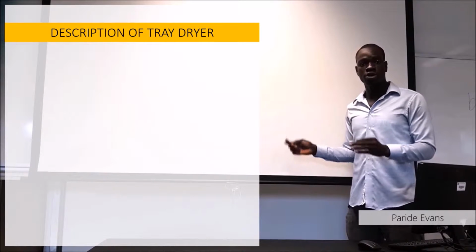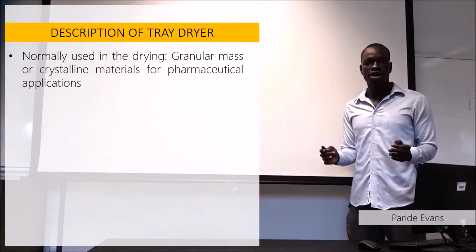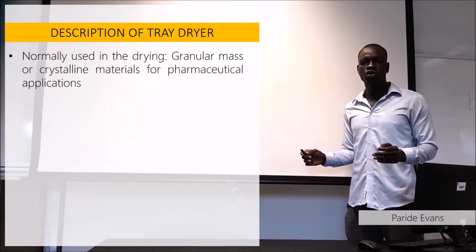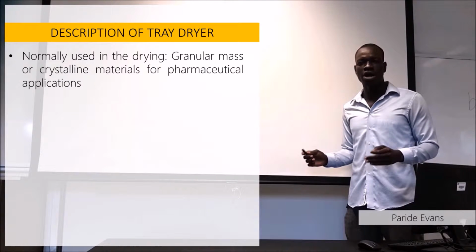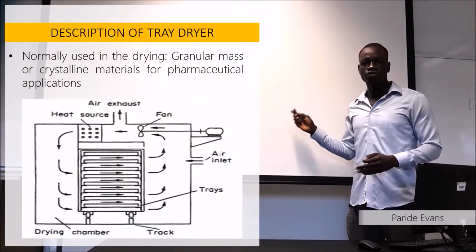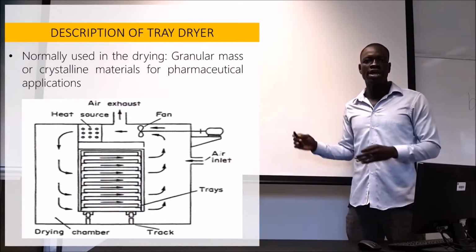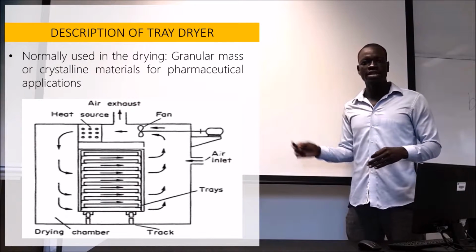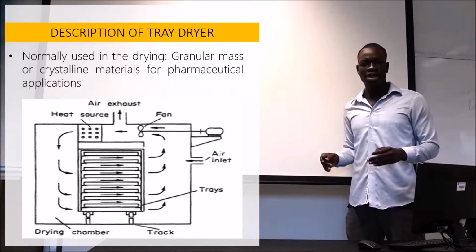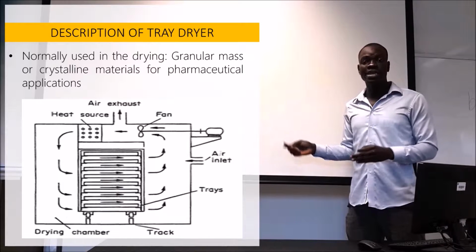Thank you. Ladies and gentlemen, I'm going to be presenting to you about tray dryer. Normally, the tray dryer is used in drying granular mass or crystalline materials for pharmaceutical applications. Air is conditioned into the dryer through the air inlet, and then it's circulated around after being heated up.